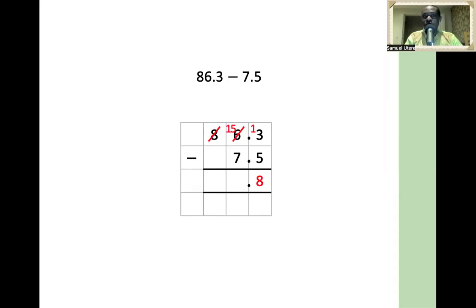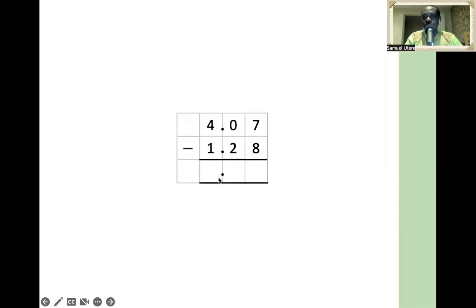So we now have 15 ones. So 15 ones minus 7 will give us 8. Now remember, we did an exchange of 1 ten from here. So we're now left with 7 tens. So our answer is 78.8. Okay, there's nothing to subtract there, so that should be 7.